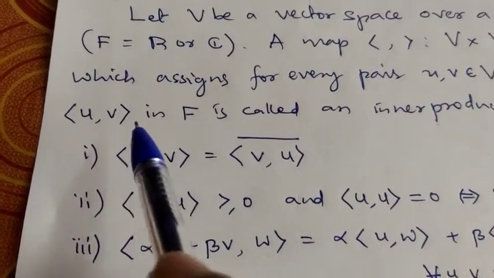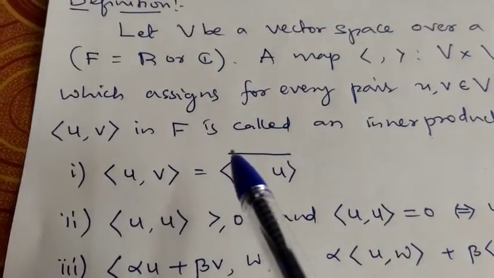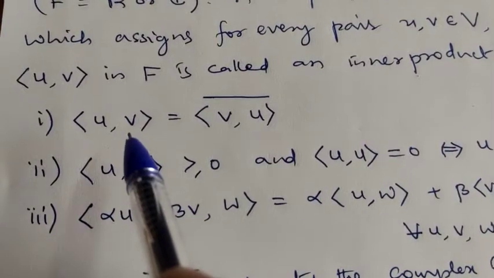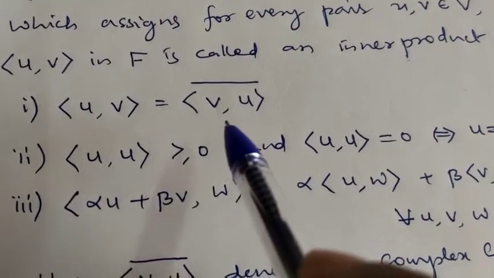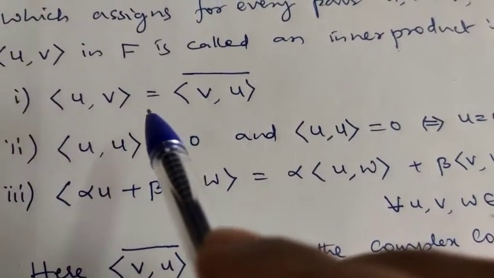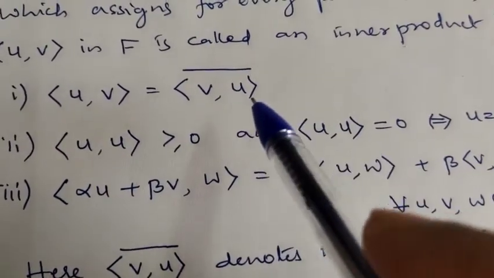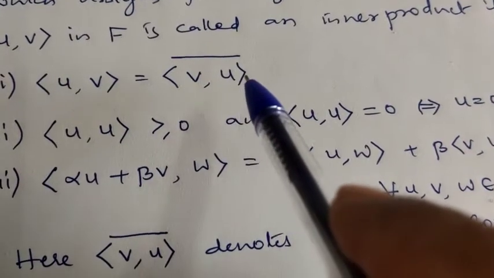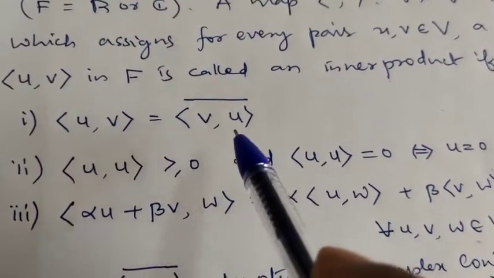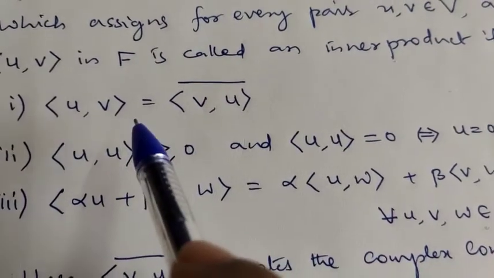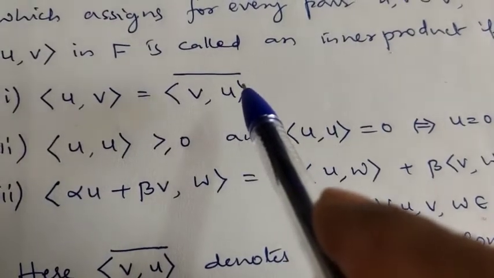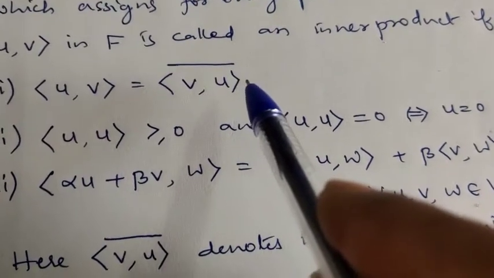This is called an inner product if the following conditions are satisfied. First, the inner product of U, V is equal to the conjugate of the inner product of V, U, the complex conjugate. If F is real, the inner product of U, V is the same as V, U, because the conjugate of a real number is itself.